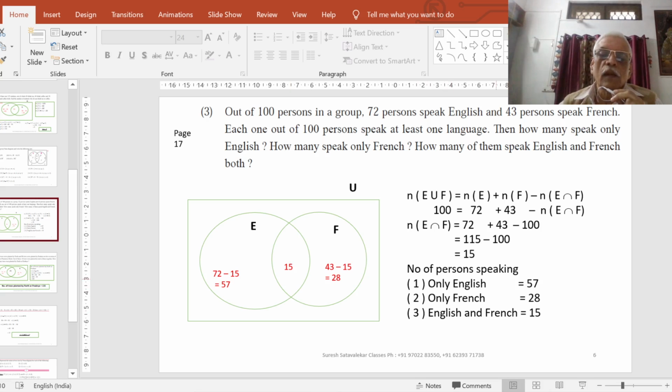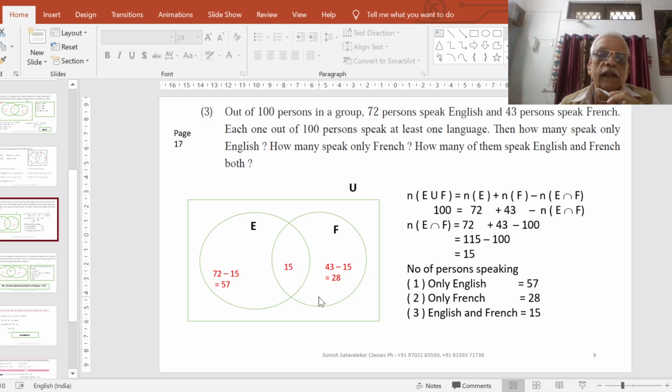Now if we want the number of persons speaking only English, the total number of people speaking English is 72. If we subtract 15, these 57 people speak only English. If we want only French, the number of people speaking French is 43, from which if we subtract this 15, we get 28.